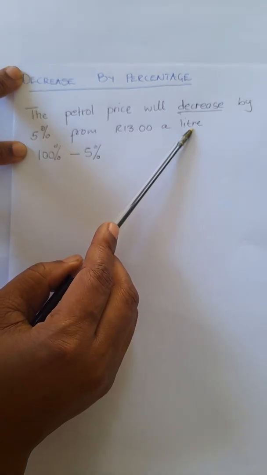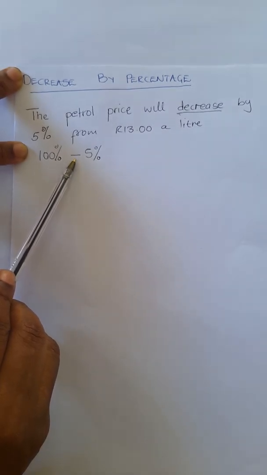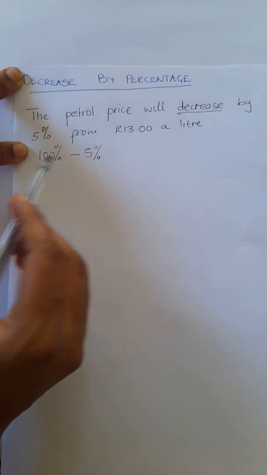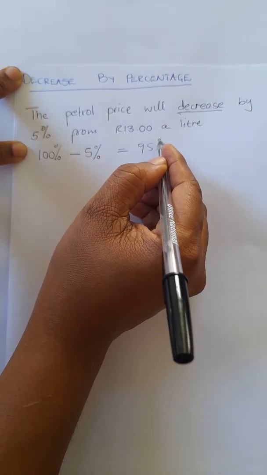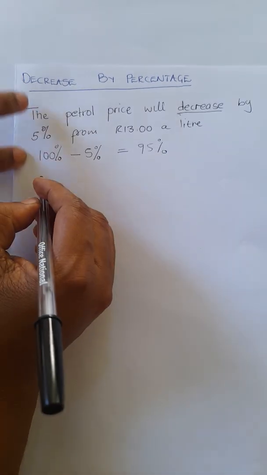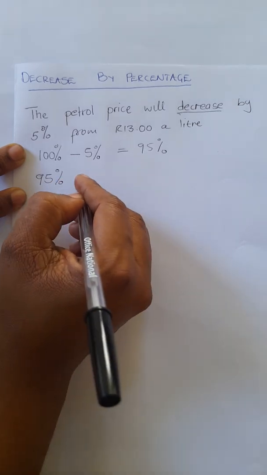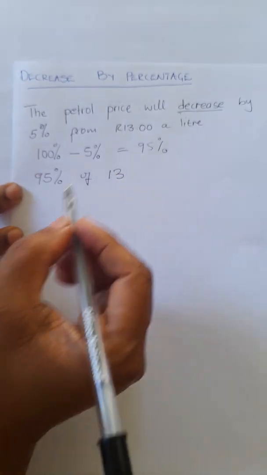So we must get a new price. Decrease is subtract or take away. So we're going to say 100% minus 5%, and we're going to get 95%. So now we rewrite our problem. We are looking for 95% of 13 rand. I won't write the rands for now.